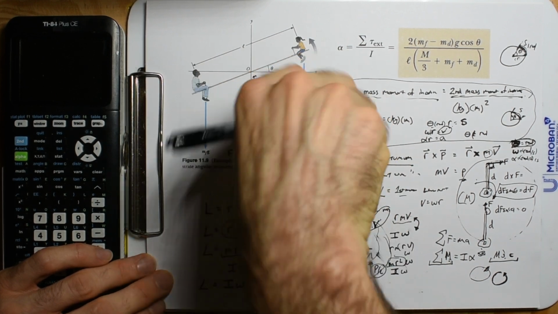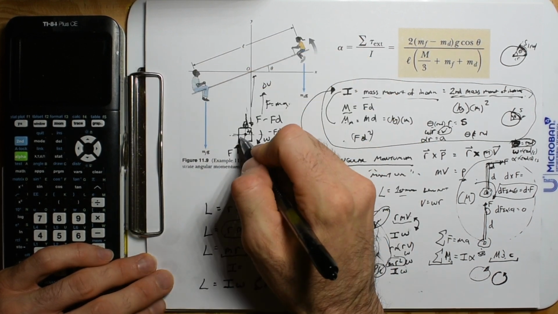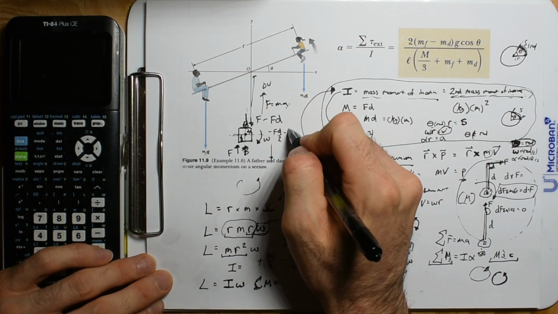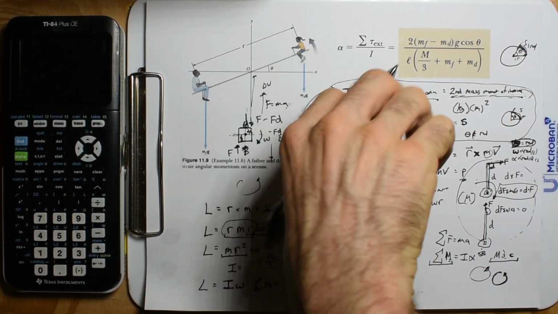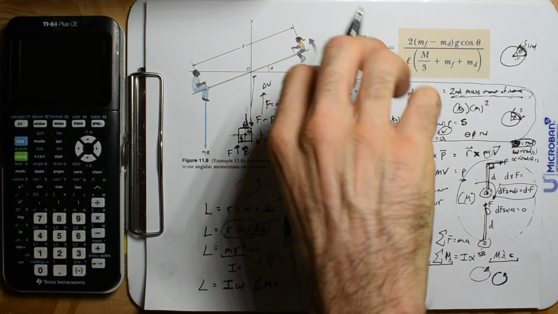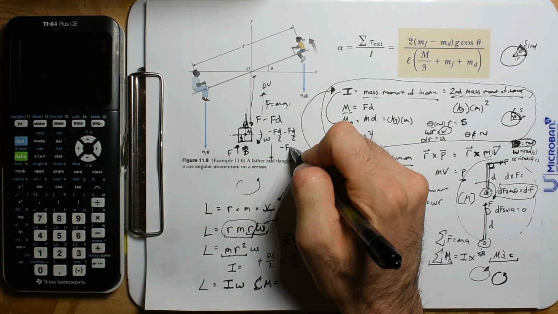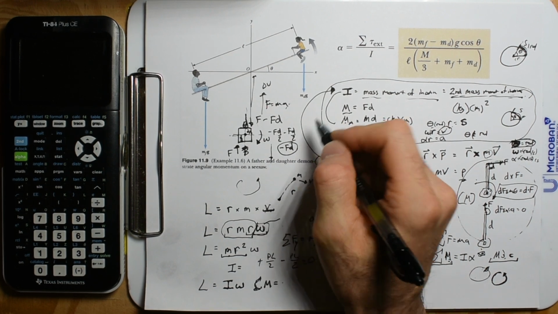This force is also in the negative direction, and its distance is d divided by 2. So you basically have a moment in the negative direction into the page of just negative FD.